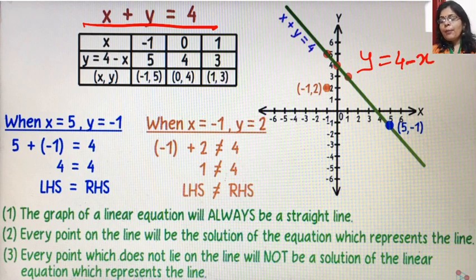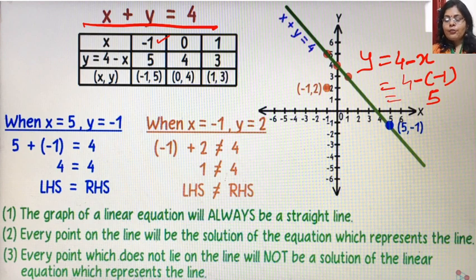Then what happens? Putting the value of x equal to minus 1, what do we get? 4 minus minus 1, that will become 5. Then the value of y is 5. When we put the value of x as minus 1, we got the value of y equal to 5. In a similar manner, we put different values of x and got the value of y.